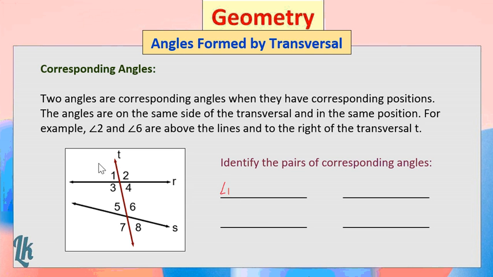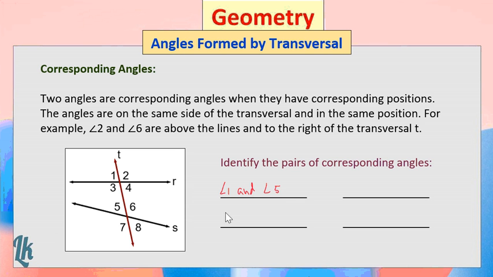Angle 1 is on the left side and above line R. And then we have angle 5, which is also on the left side and above line S. So angle 1 and angle 5 are on the same side of the transversal T, and they are both above the lines. Therefore, they are corresponding angles.